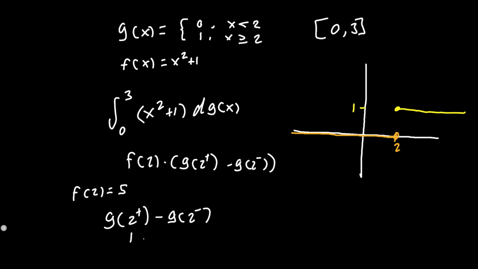This is going to be 1, because the right side of g is 1, and from the left side it is 0, so minus 0. That's times f of 2, which is equal to 5. So that tells us that this integral becomes 5.